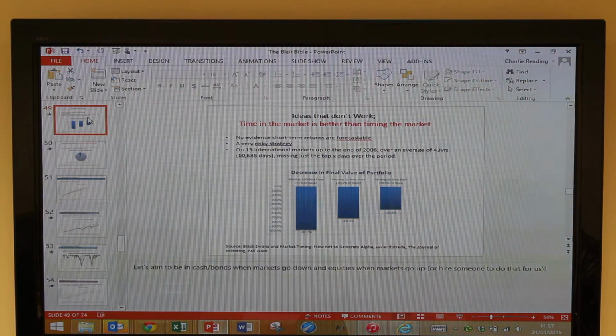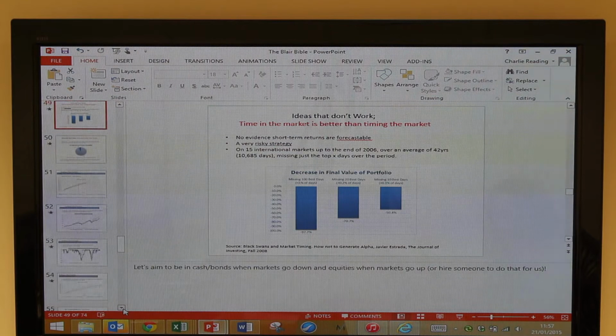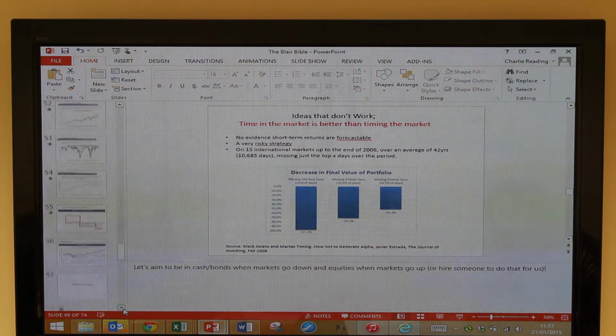If you just missed the best 10 days over a 42-year period, you would have missed out on 50.8% of the returns. If you were really unlucky and you missed the best 100 days over that 42-year period, you lost 97.7% of the return. So it's better to be in the market than trying to time it.